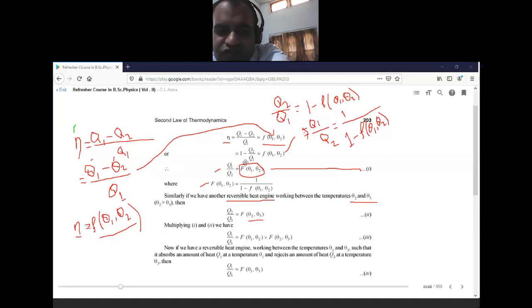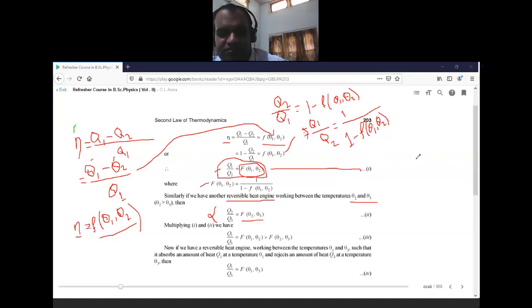Have you understood this? We don't have to do all these steps now, because once we have got equation 1, for any reversible heat engine operating between the two temperatures theta 2 and theta 3, we get this expression, which is a function of theta 2 theta 3. After this you multiply equations 1 and 2.